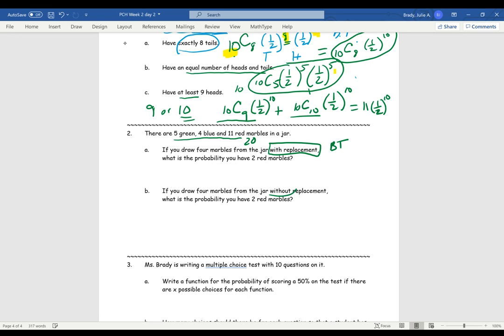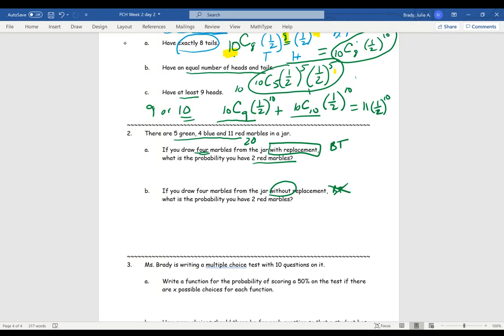If we do it without replacement, we can't use the binomial theorem, because when I take a marble out, it influences what my next pick is. So the binomial theorem doesn't work there, but it works for the first one. We want 2 red marbles. How many times are we picking? 4.